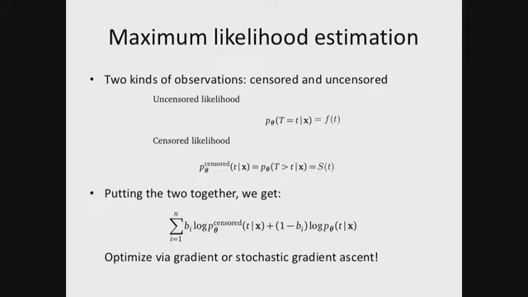And if b i is 0, it means the time you're given is the time that the event occurs. So here we sum over all of the data points in your data set, from little i equals 1 to little n, of b i times log of the probability under the censored model, plus 1 minus b i times log of the probability under the uncensored model. And so this b i just switches on which of these two you're going to use for that given data point.